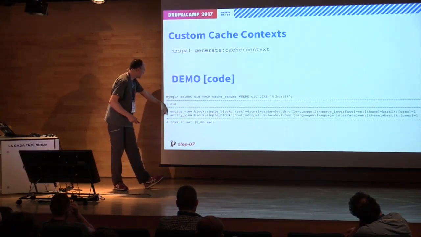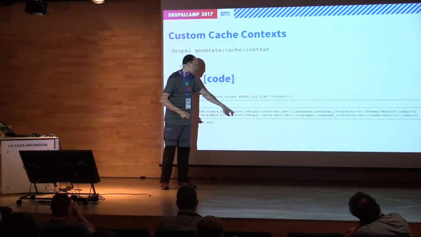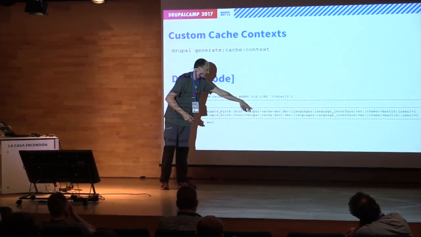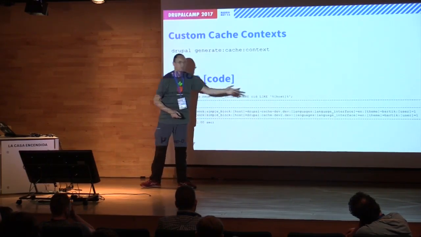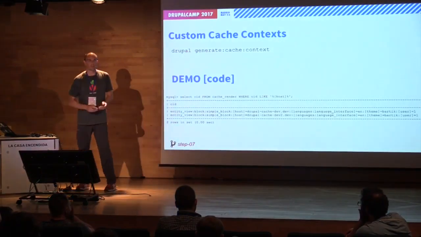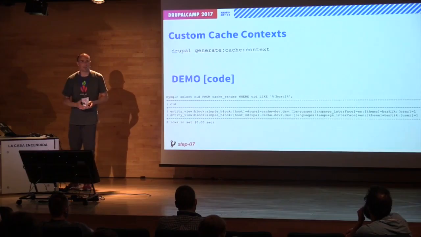You are going to have entity, view, blocks, simple block, and then this new one that is host. And I have an alias, drupalcast.dev and drupalcast2.dev. So with that, you can extend the cache context and use it on your own.